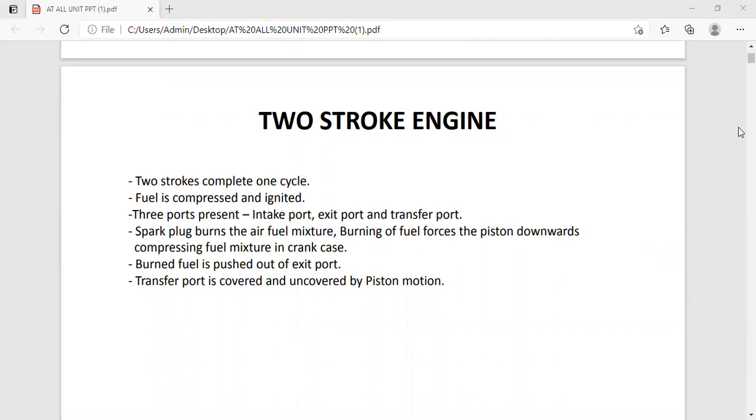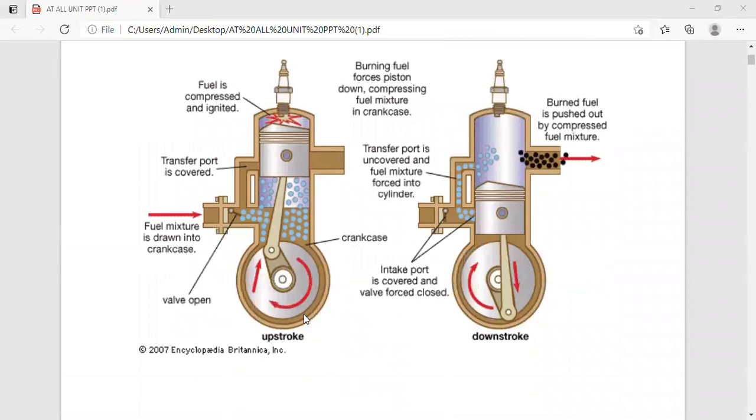A two-stroke engine completes one cycle in one complete rotation, as you can see here. The spark is provided at the overhead.